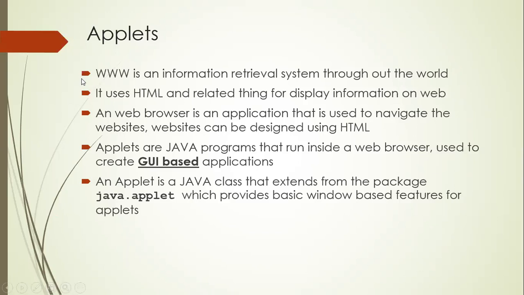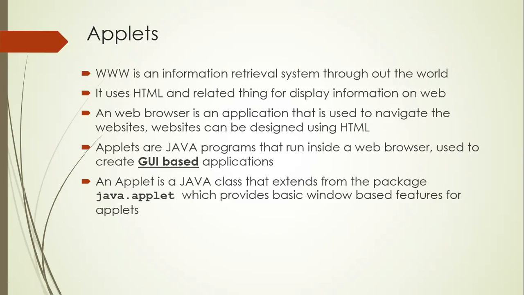There are a lot of other services available through the internet. We might have studied this in another subject called Introduction to Information Technology, where we list down the services available through the internet, out of which the World Wide Web is one.